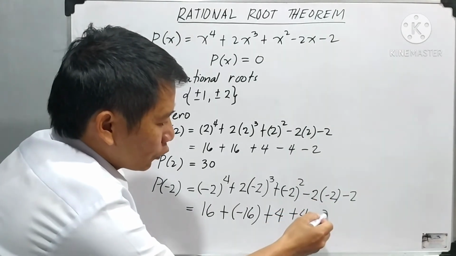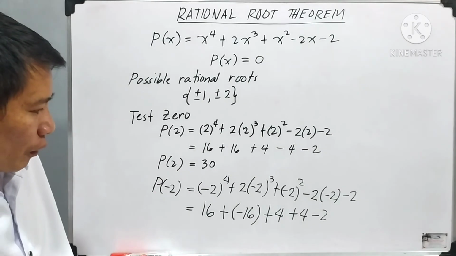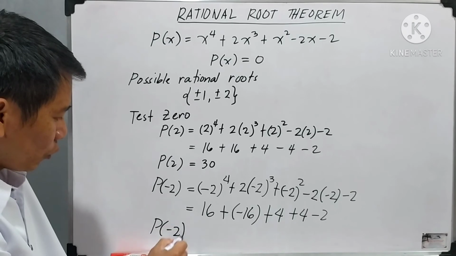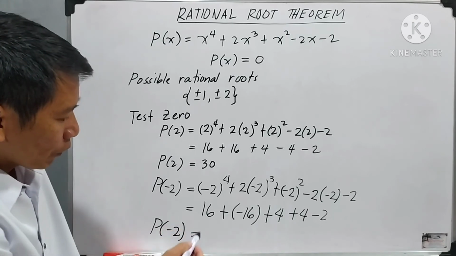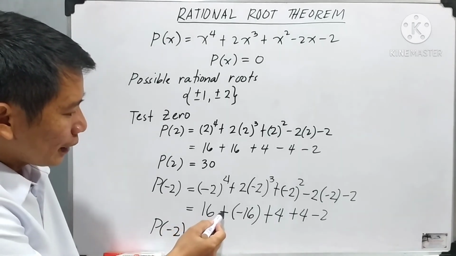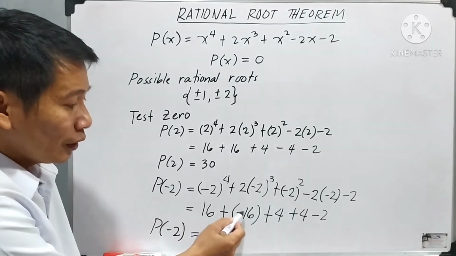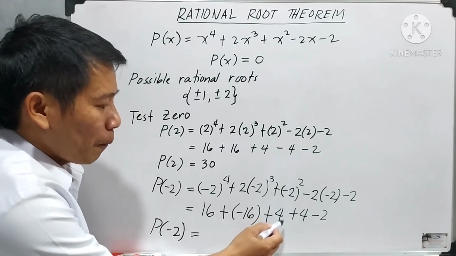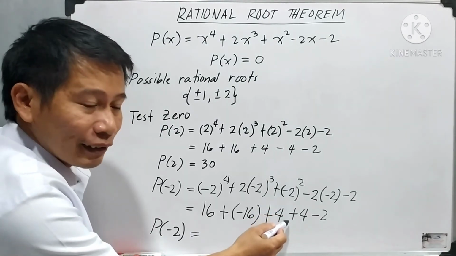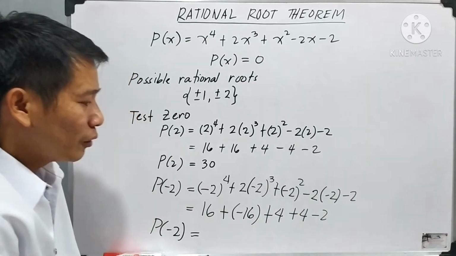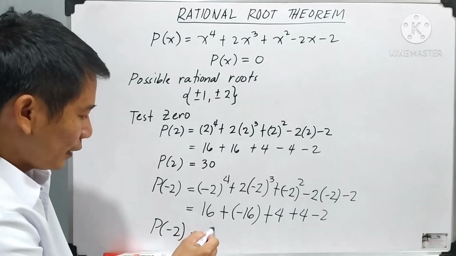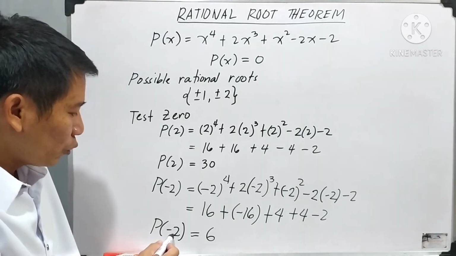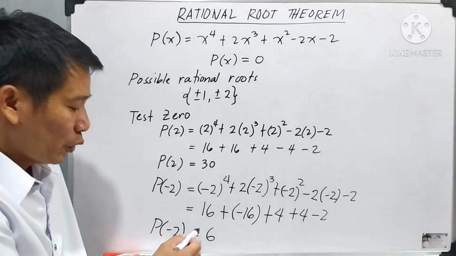Then we have minus 2. Okay, so let us compute this. What is our p of negative 2? So finally, 16 plus negative 16 is 0, plus 4, that is 4, plus 4, that is 8, then minus 2, the answer is 6. So meaning, our p of negative 2 is equal to 6.